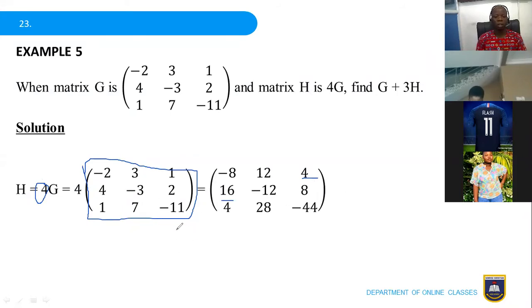If you do everything in that order, you get the matrix H to be -8, 12, 4, 16, -12, 8, 4, 28, -44.